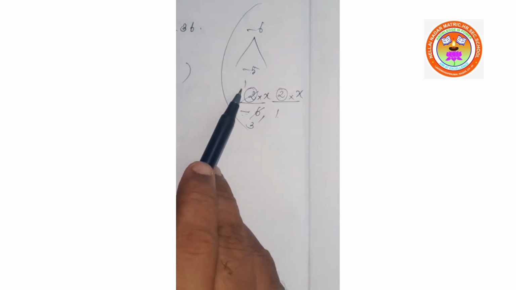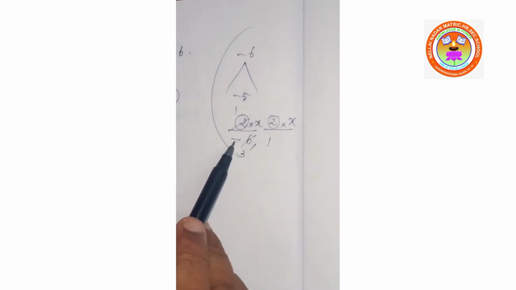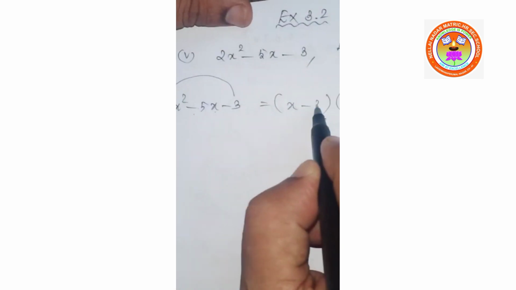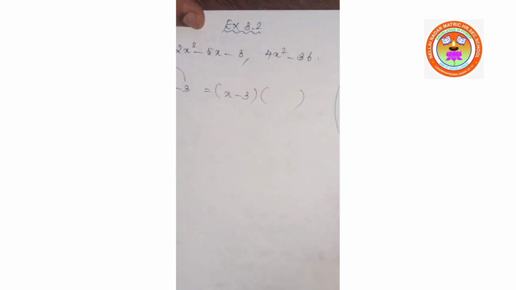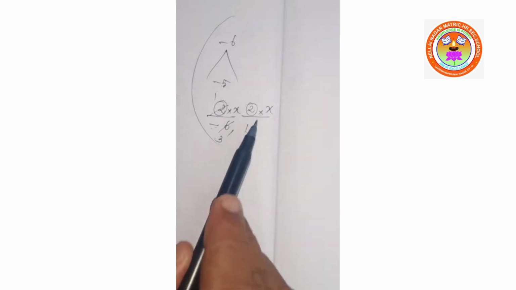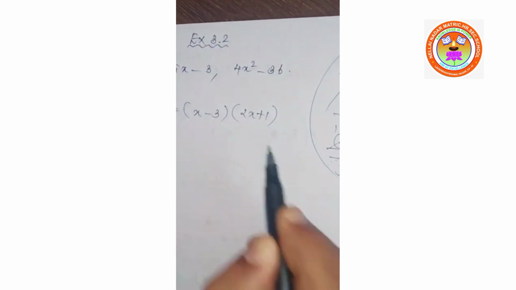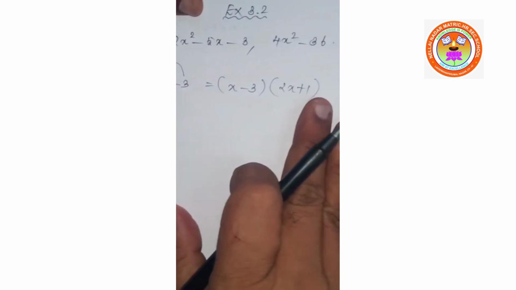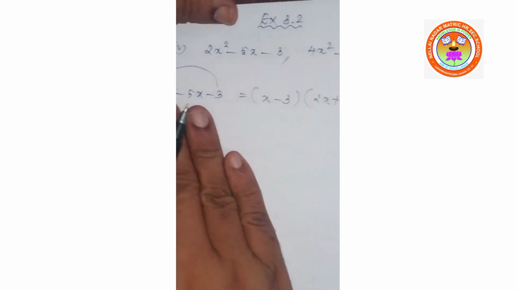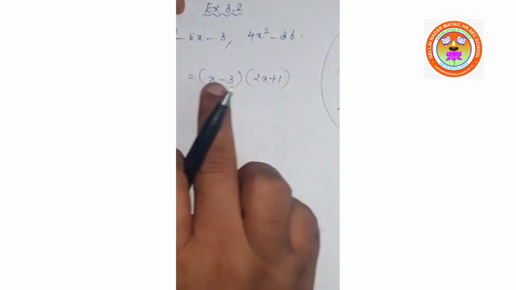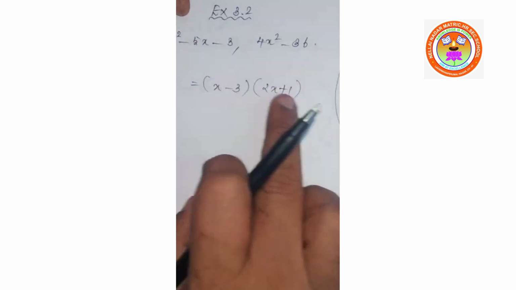Now we can write the two factors. 1 into x: x minus 3, that is the first linear factor. Next, 2 into x: 2x plus 1. So the quadratic polynomial has been factorized into two linear factors.